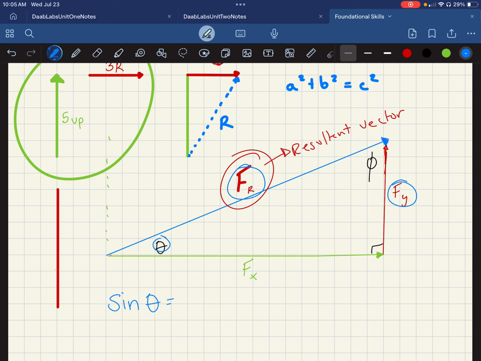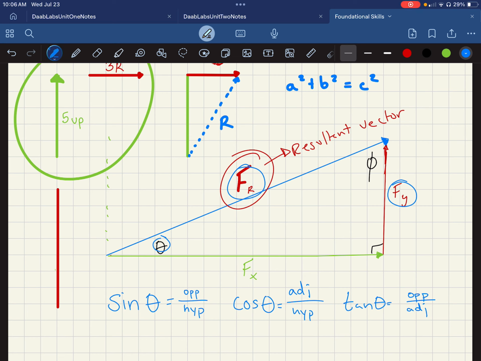Then cosine of theta should be adjacent over the hypotenuse. And lastly, tangent is opposite over adjacent. We want to know this, and if you don't know this you're probably in trouble, but it is on your equation sheet, so you don't have to memorize it, but you should. So those are our three: sine, cosine, tangent.